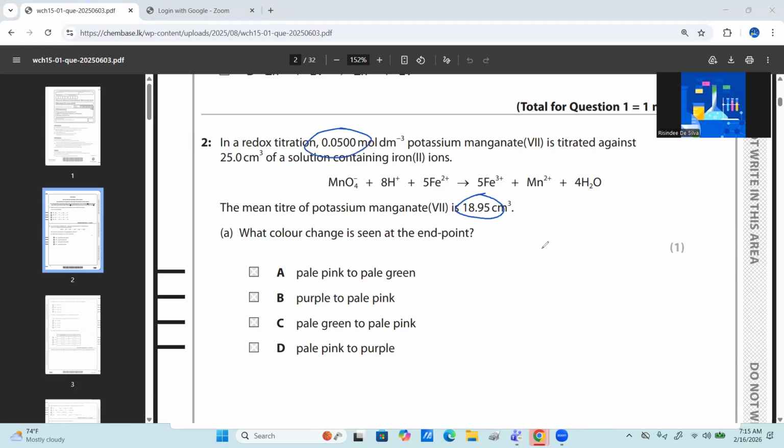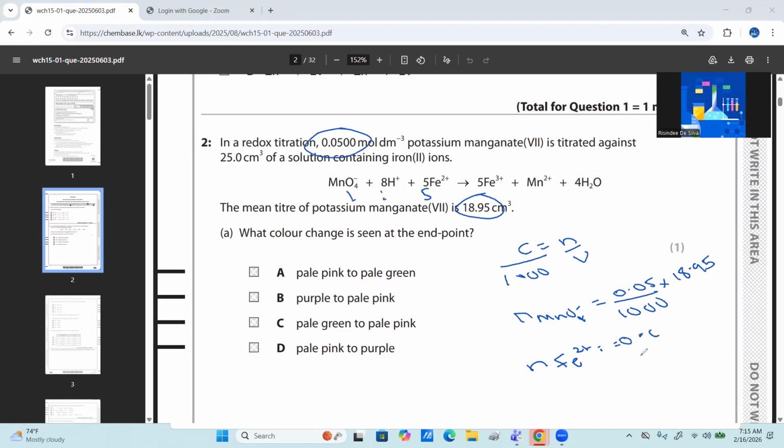We can easily apply C equals n over V. Moles of permanganate is equal to, in 1000, we have 0.05 into 18.95. To find the moles of iron 2 plus, the ratio is 1:5. So this should be multiplied by 5.